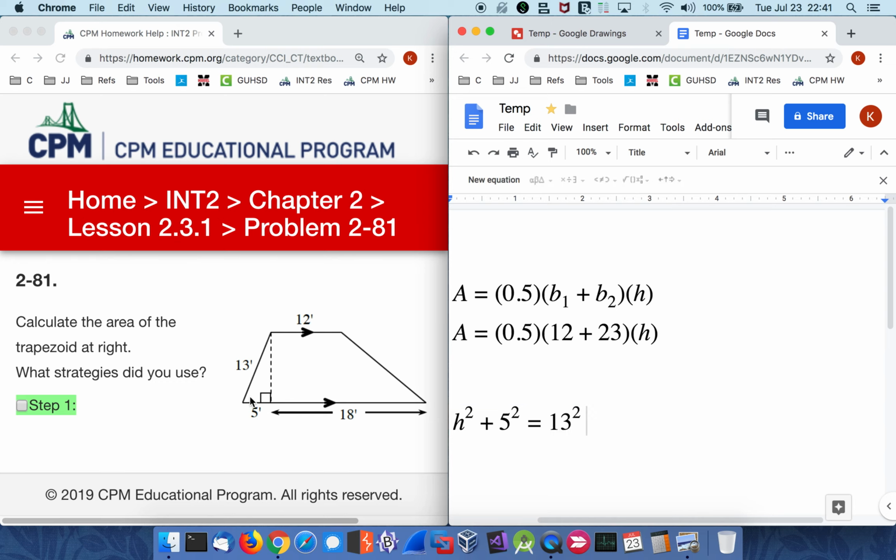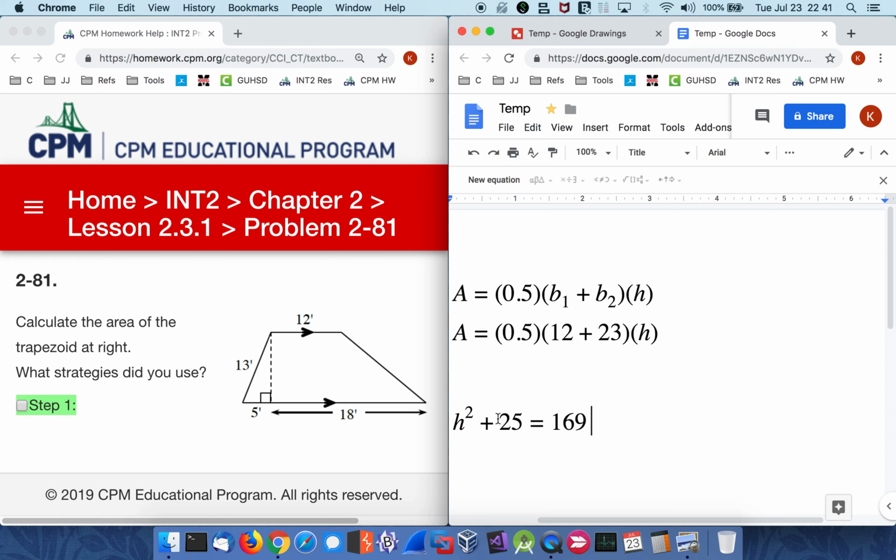Why do we know this? Because this is a right triangle, and it's a squared, here's one side, plus b squared, which is the h here. So this side squared plus this side squared equals the hypotenuse squared. So that's a squared, or in this case h squared, plus this side, 5 squared, equals 13 squared. All right, so let's go ahead and solve this. So 5 squared is 25. 13 squared is 169.